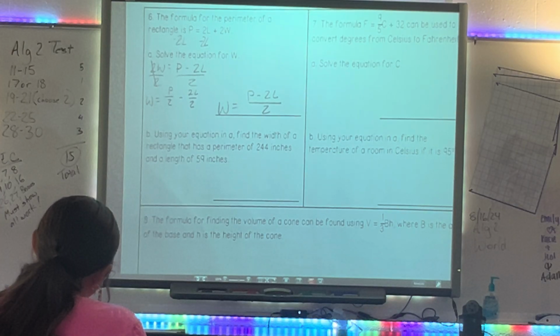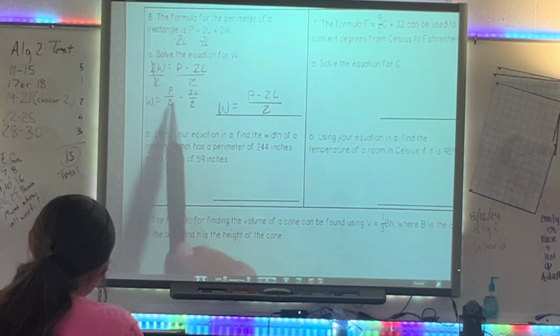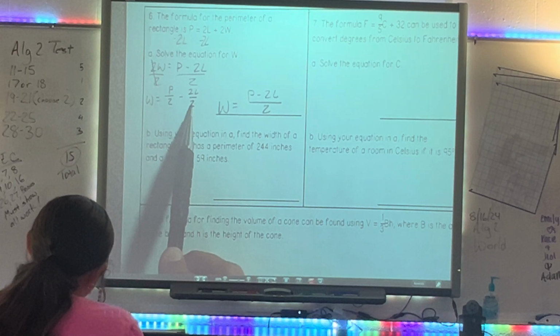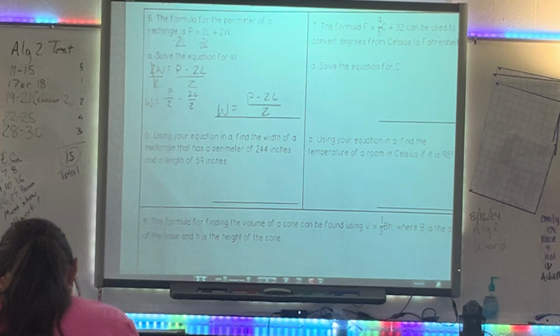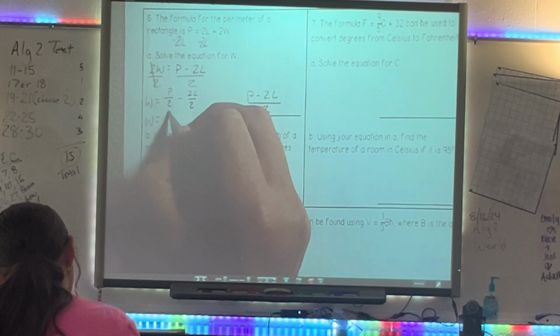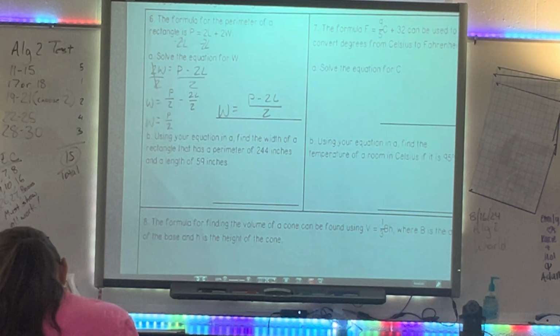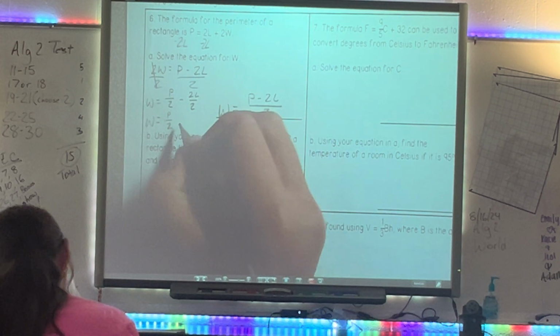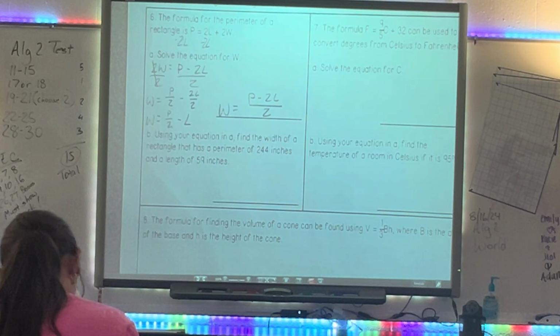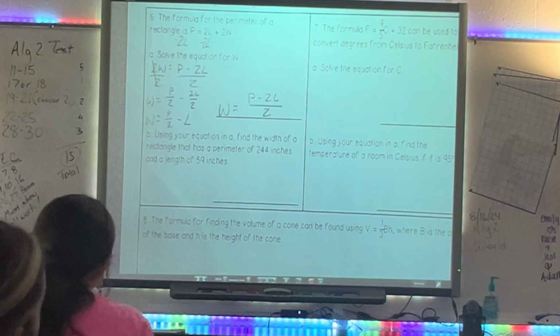Now, this time, I can't do anything with the P, but I could divide the 2 out here because now I separated it into 2 separate fractions. Does everybody understand that? So this could be rewritten as W equals P over 2, or you could write it as 1/2 P minus L. Does that make sense to y'all? Are y'all okay with that?